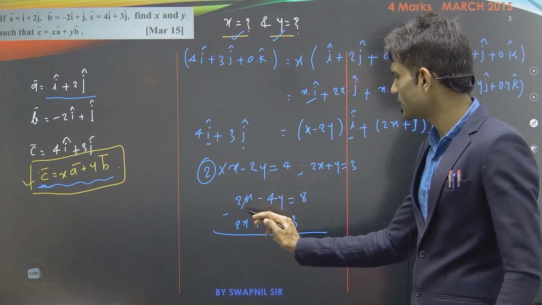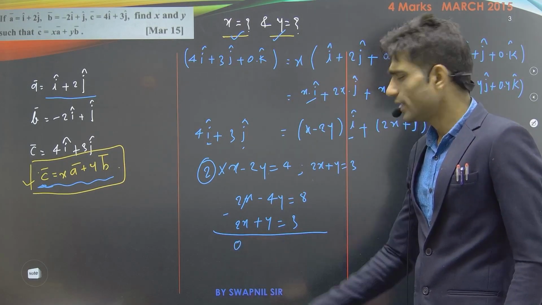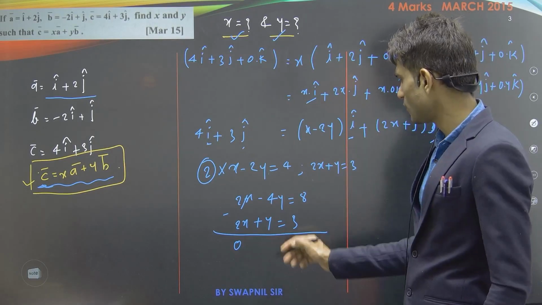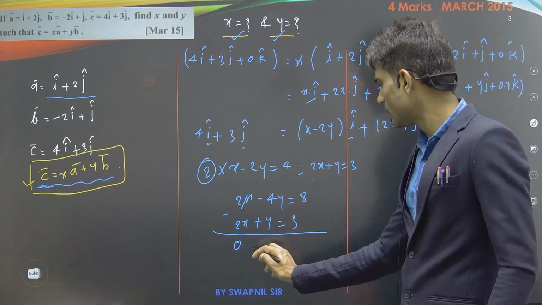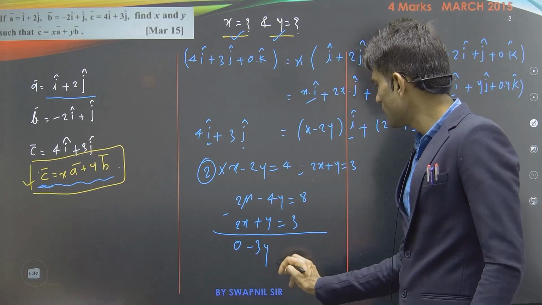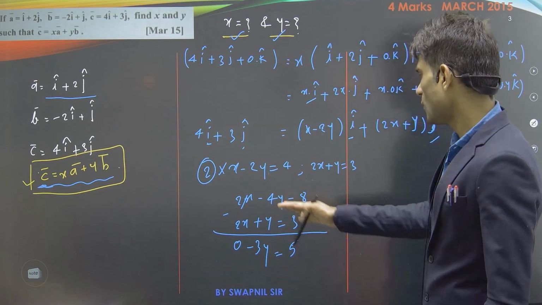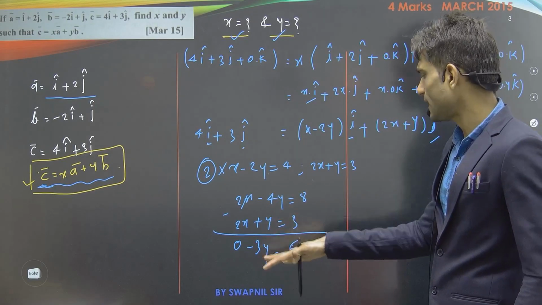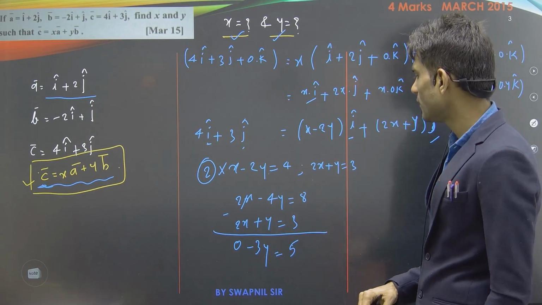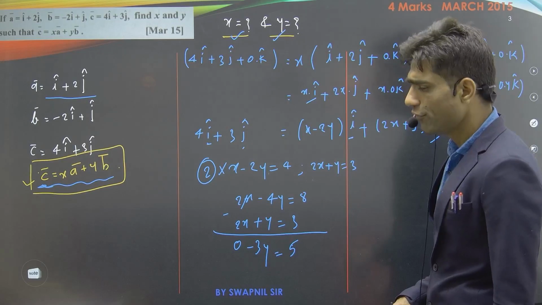So 2x minus 2x will be 0. Minus 4y plus y comes to minus 3y, which is equal to 8 minus 3, which gives us 5.